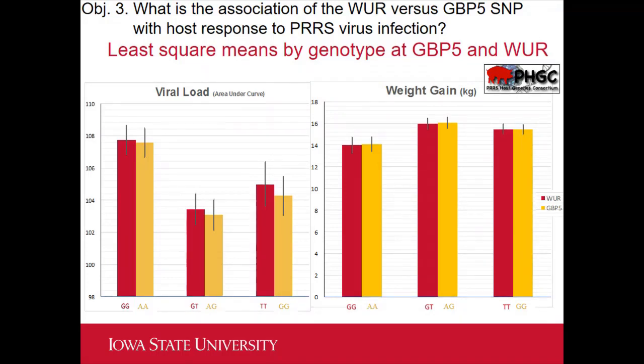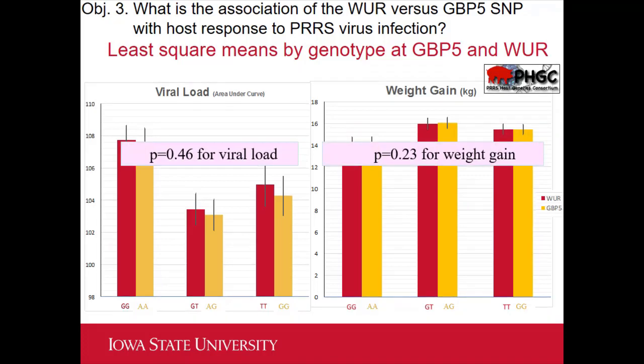There's nothing too drastic between the two genotypes, but we really wanted to see which one had the stronger effect. Is it GBP-5 that has a stronger effect on host response, or is it WR? And these are the p-values that we obtained, and these p-values test whether or not there is a difference between the effect of GBP-5 and WR and which one had the stronger effect on host response.